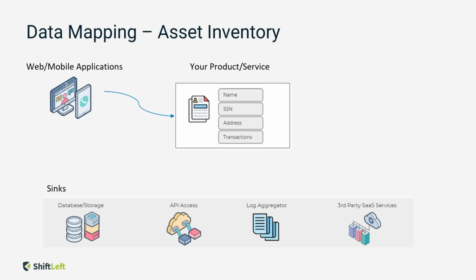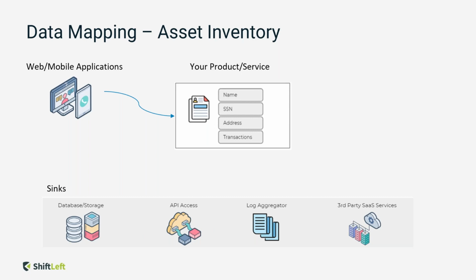Now, if sensitive information is going in there, that could be an issue. And as you're providing APIs to third parties, you could also be using other services. So you could be pulling in more information, or you could be transmitting this information onto other services. So that also could be another sink.